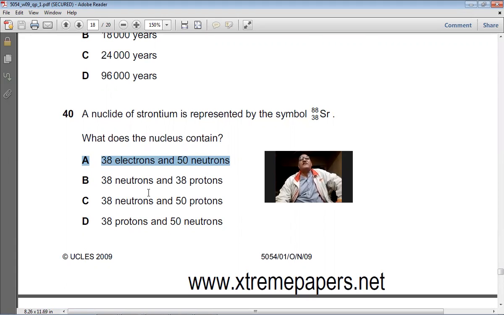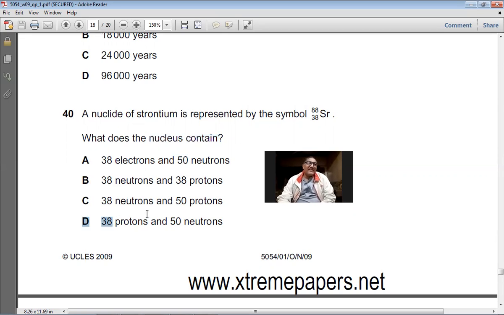38 electrons and 50 neutrons. He says, what does the nucleus contain? Look at this word, this is very important. It says, what does the nucleus contain? The nucleus does not have electrons.